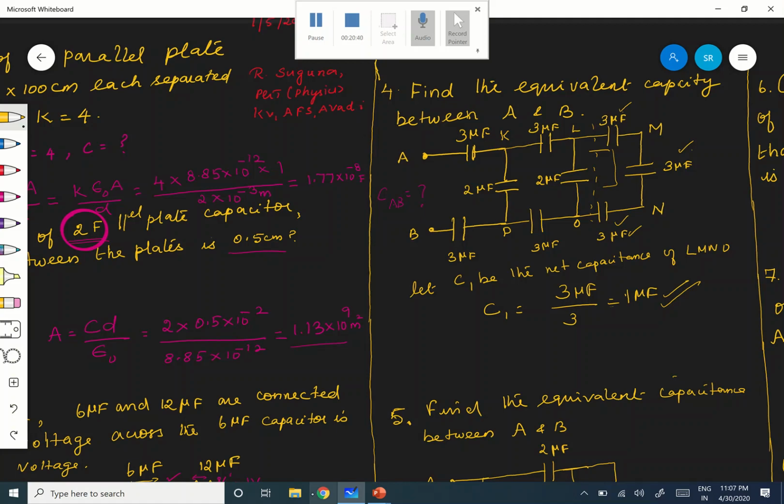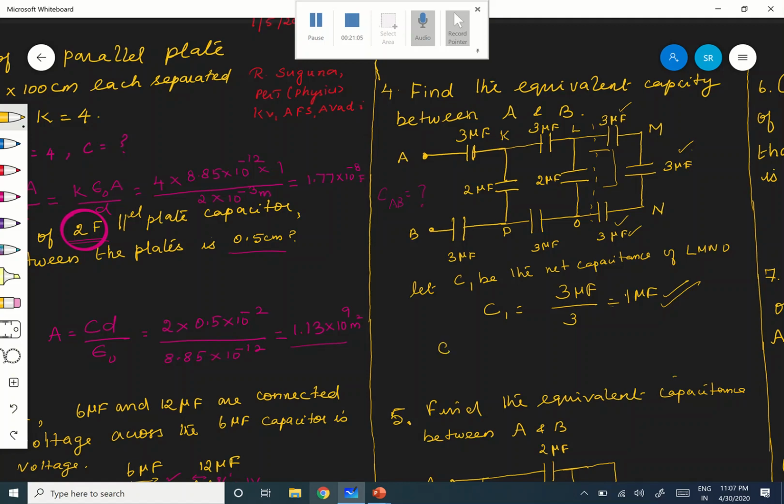What is the capacitance in LO? 2 microfarad. So 2 and 1 are in parallel. Therefore you can write that, parallel with it, that capacitance, let it be C2. What is C2?